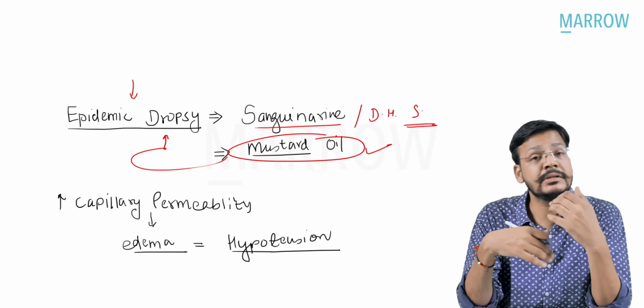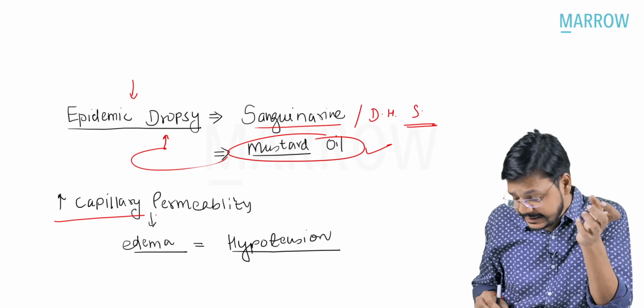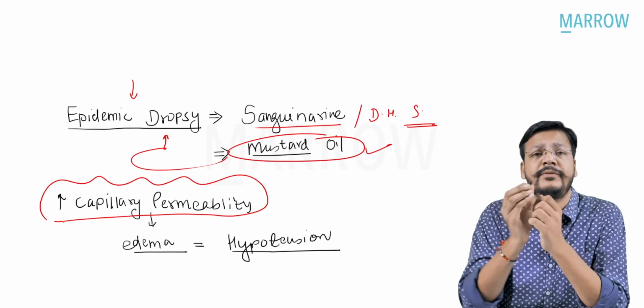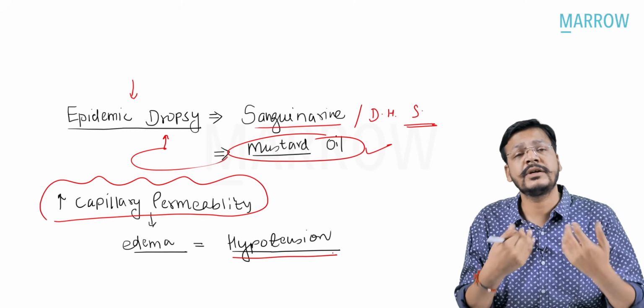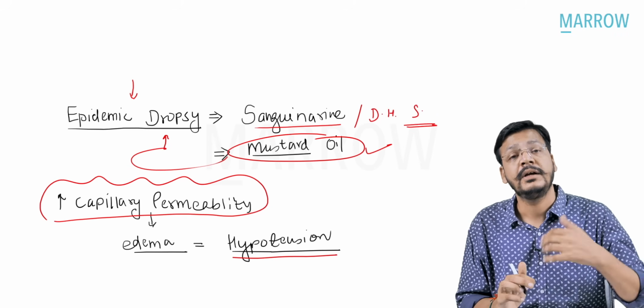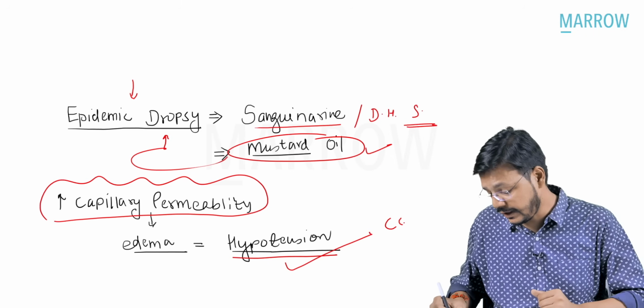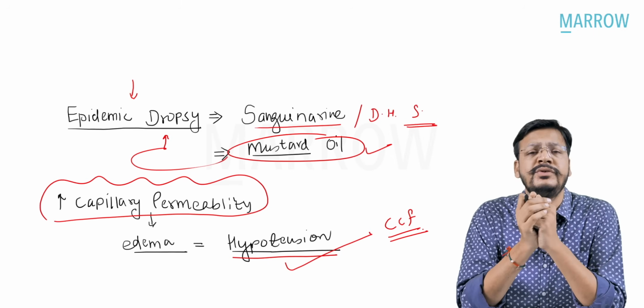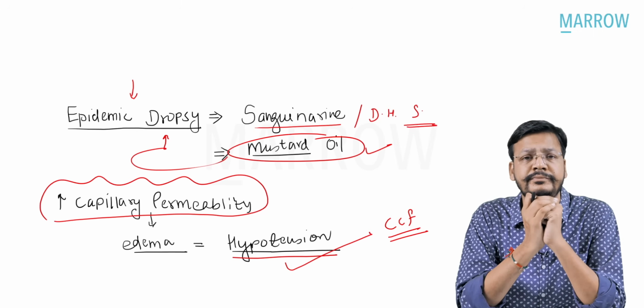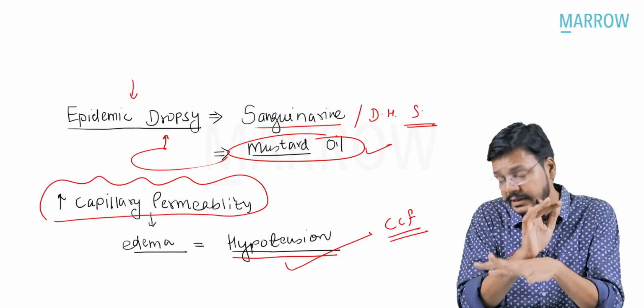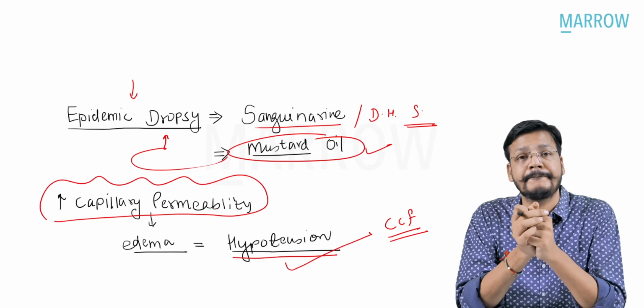It goes in your body and causes edema by increasing capillary permeability, my dear friend, which will cause hypotension, and as a compensatory mechanism, there will be congestive cardiac failure, CCF. There will be breathlessness and many other symptoms. So this is Argemone mexicana.